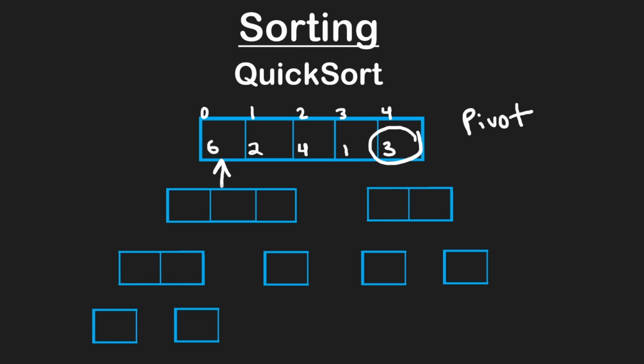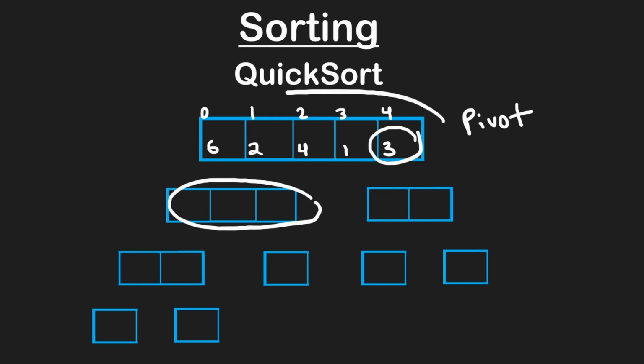So the pivot value is special because we're going to iterate through every single value in the input array except for the pivot value, so basically every value before the pivot value, and we're going to compare that value to the pivot. Every value that's less than or equal to the pivot value is going to be in the left partition of the array.